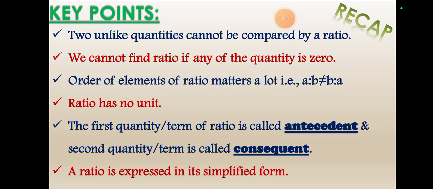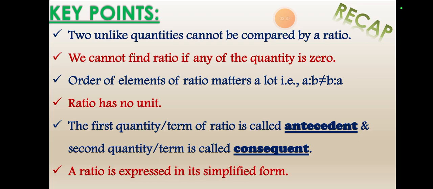Yesterday we also learned these key points that I told you. Two unlike quantities cannot be compared by a ratio. It's not possible to compare two unlike quantities. We cannot find a ratio if any of the quantities is zero, because it means no quantity.